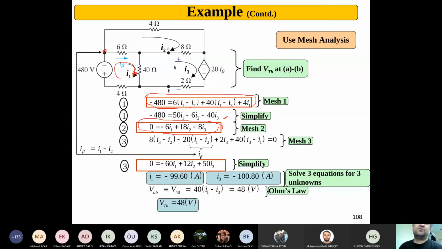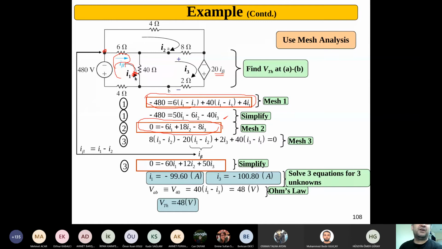For the third one, we have to be a little bit careful because there's a dependent source here. That is 20 I of B. I of B, as you can see, is I1 minus I2. Just write that equation in terms of that.